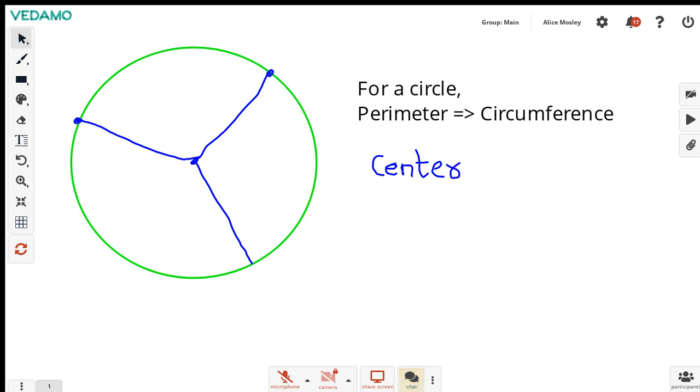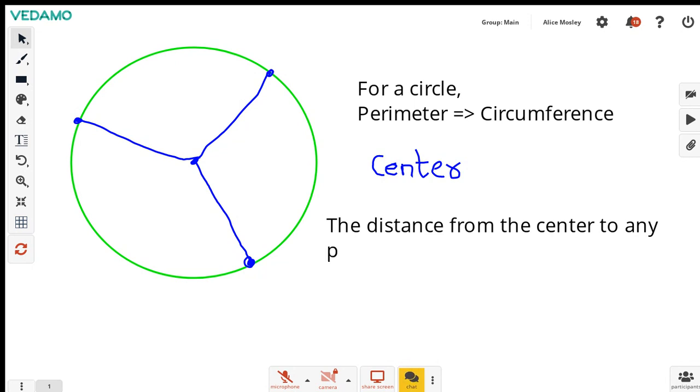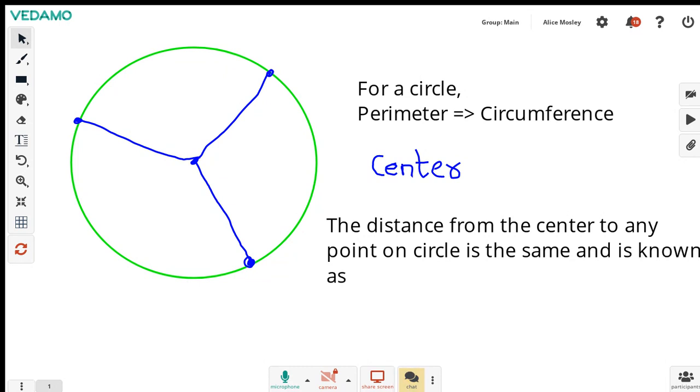The distance from the center of the circle to any point on the circle is the same and is known as radius.